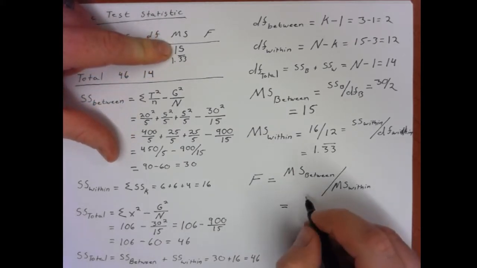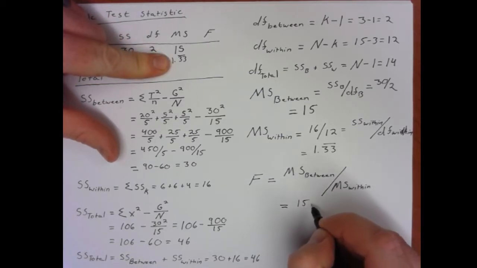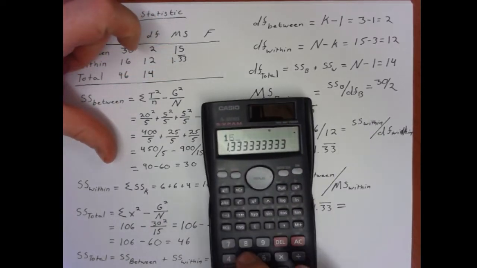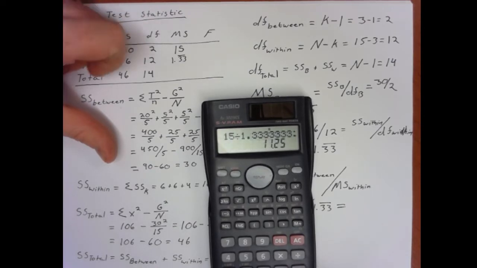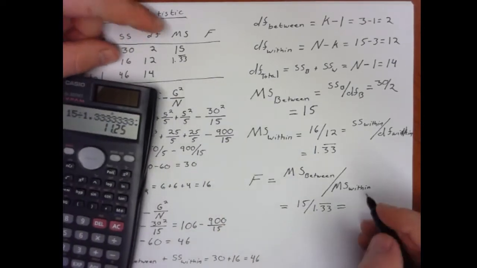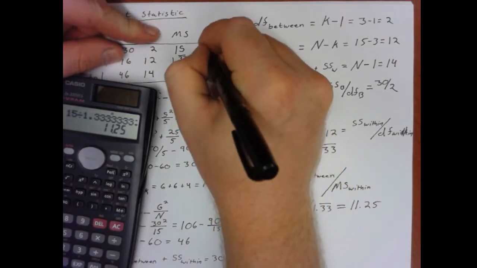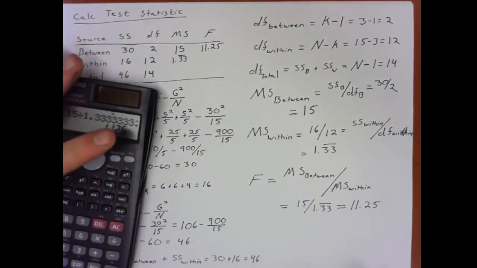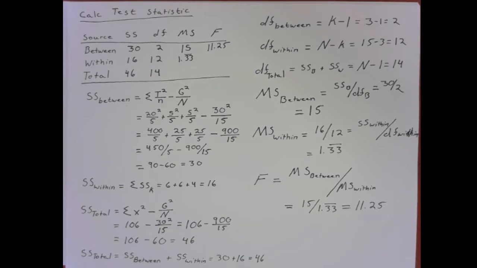So MS between is 15, MS within is 1.33. Repeating, and let's see what this gets us. 11.25.